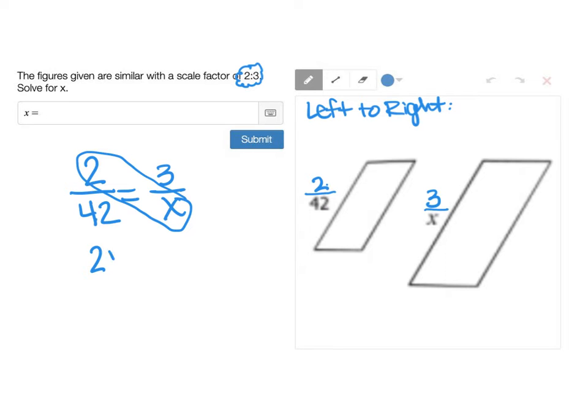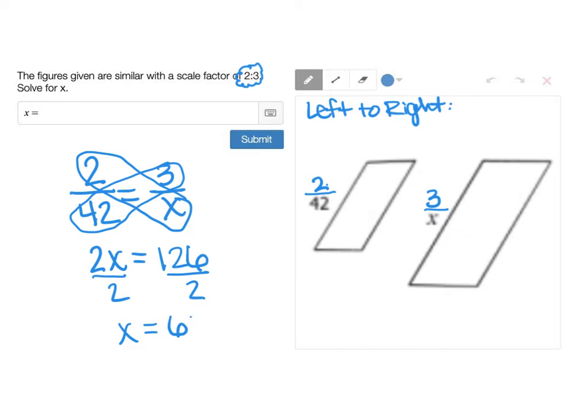Okay, so 2x equals 126. Divide by 2. x should equal 61. Nope, sorry, 63. That's what I get for mental math. So 63.